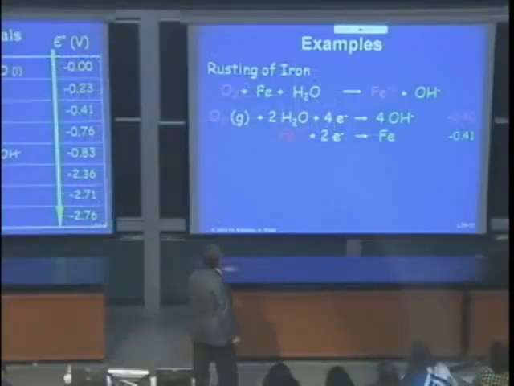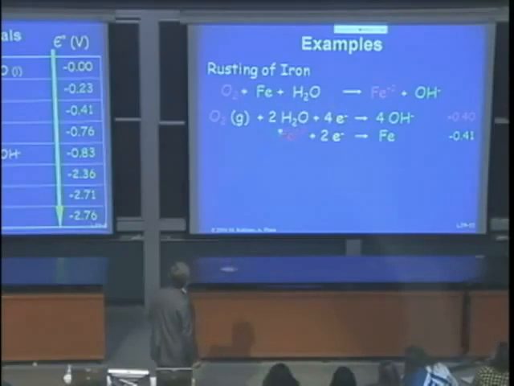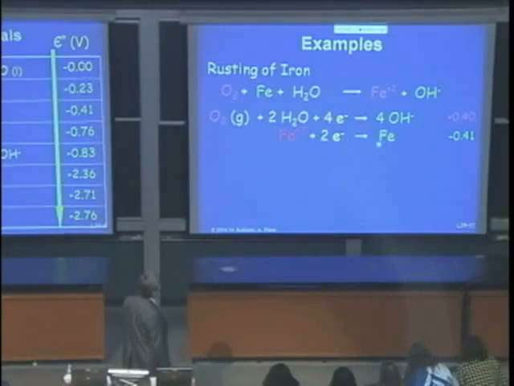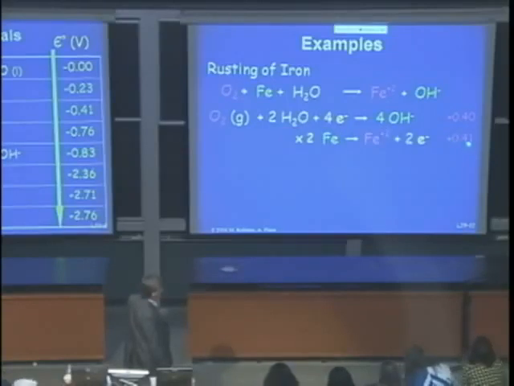So what is our common denominator? 4. So we have to multiply this by 2. So we have 2 Fe2+ plus 4 electrons gives 2 Fe. And then we have to multiply it by minus 1 also, so by minus 2 actually. With this, I change the potential from minus 0.41 to plus 0.41. So now we are going to add it up here.